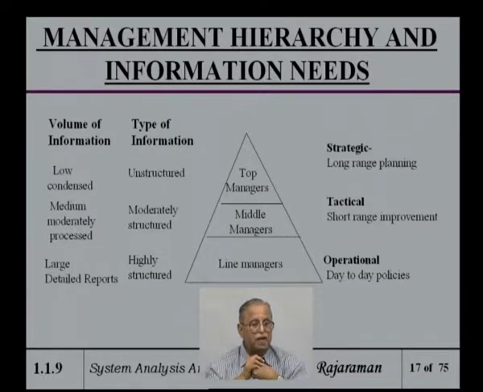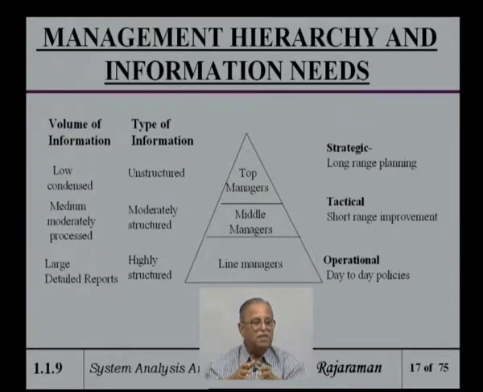So, detailed information is what is used at the operation level for the day to day operation of any company. At the tactical level, information is a little smaller in amount. So the pyramid goes like this, as you can see, and in the middle of the pyramid, the amount of information is reduced, and the structuring also is reduced, because it combines a number of different types of operational information to create this tactical information.